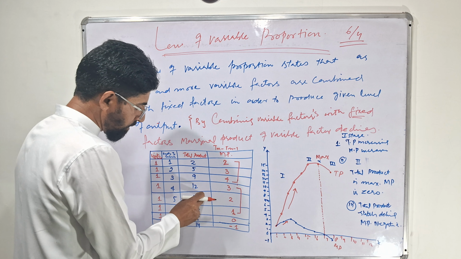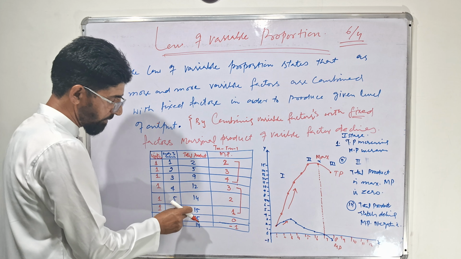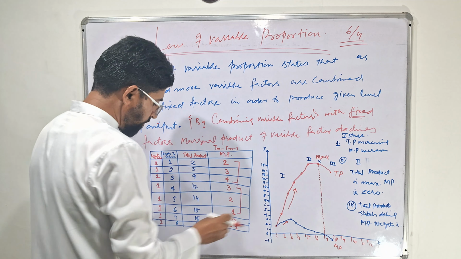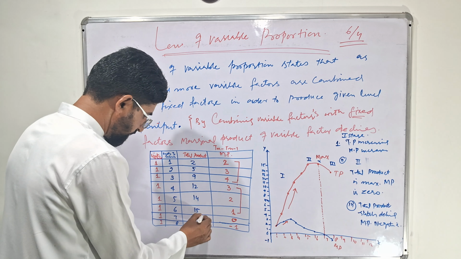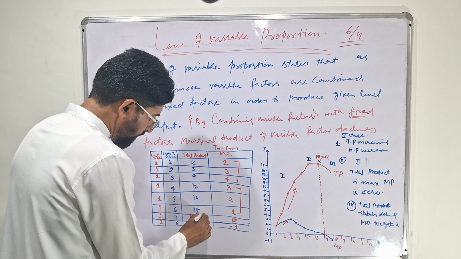Here it is maximum, as it is 15. In the second stage, total product becomes maximum, 15, and marginal product becomes 0. We can easily tell where total product is maximum: where total product is maximum, there marginal product becomes 0.